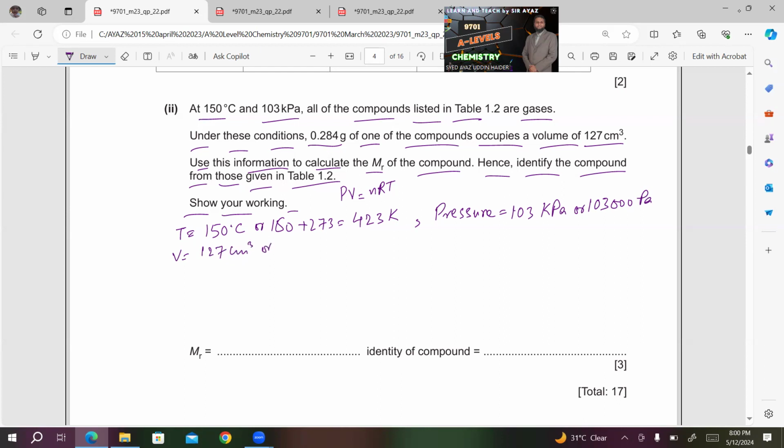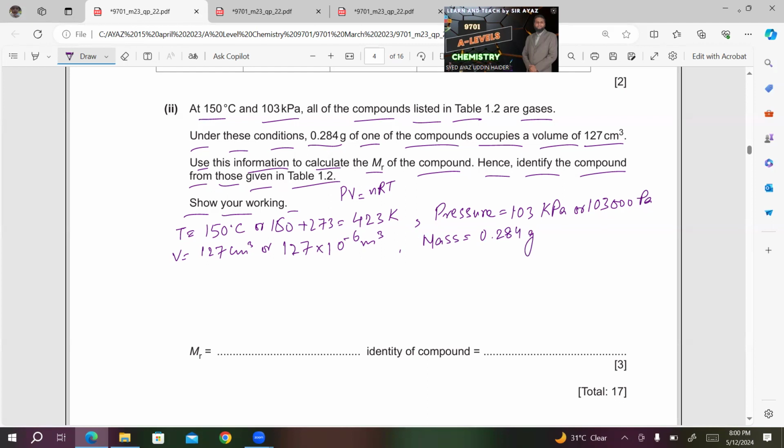It must be in meter cube, so I will divide it by 1000. So 127 multiplied by 10 raised to the power -6. That will become meter cube. Mass is also provided, 0.284 gram.